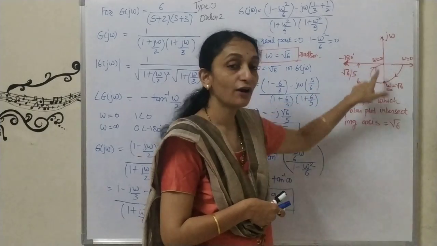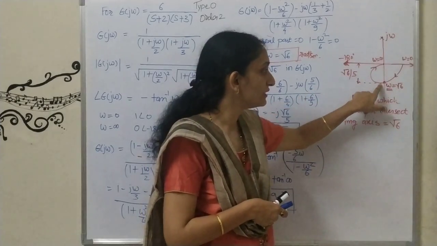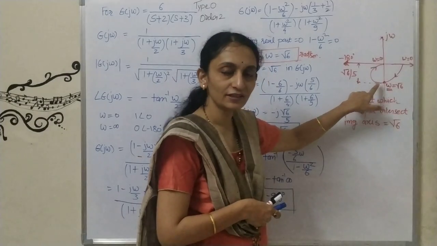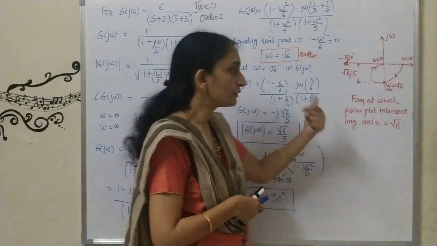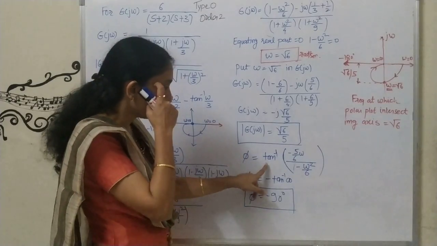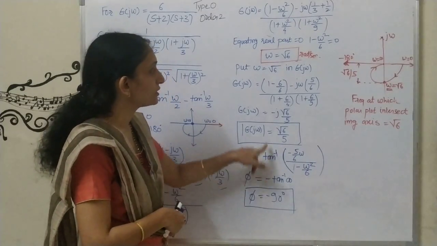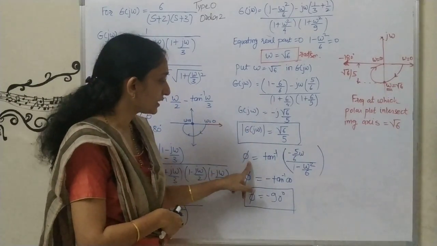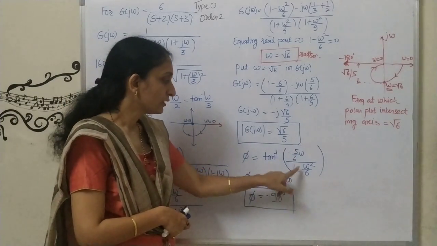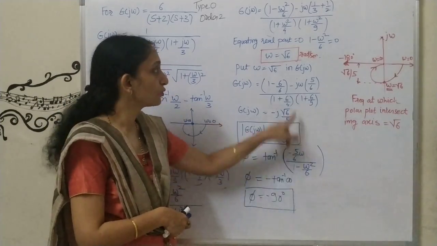But here we have to prove that the polar plot is intersecting at minus 90 degree, because this polar plot shows that it is intersecting at minus 90, but we will cross check whether we are getting that angle as minus 90 or not. Okay, so for that what I did here, actually from this equation, look at this, I have taken the angle. So tan inverse of b by a I have taken. Okay, then I have substituted omega is equal to root 6 here.